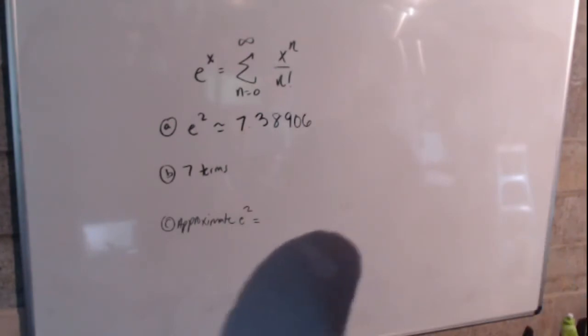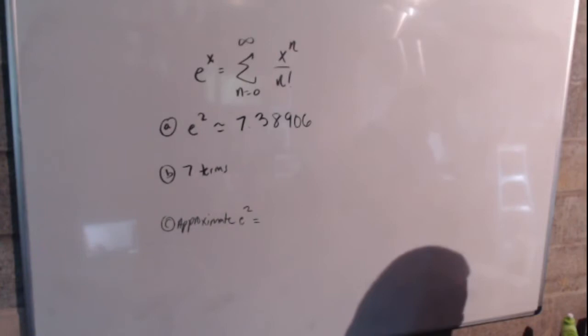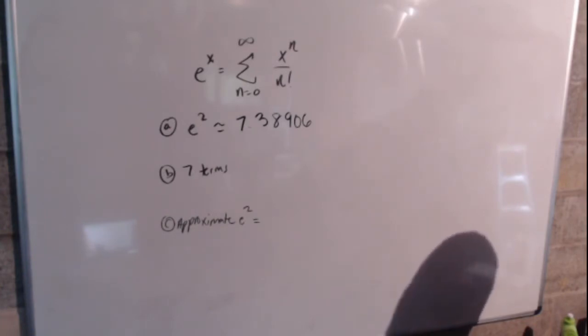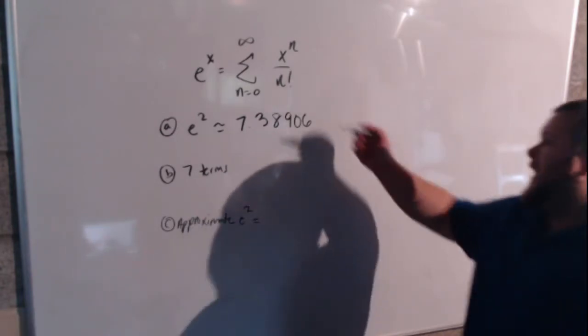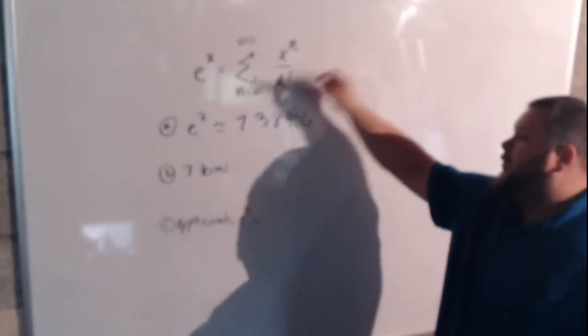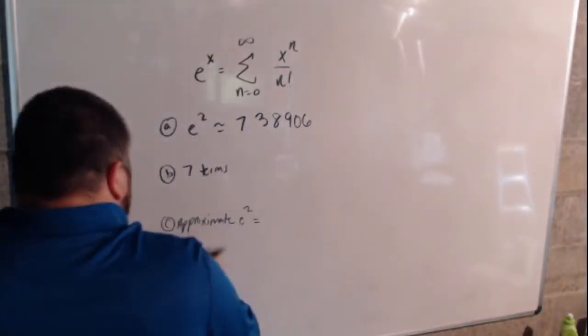The next part says, go ahead and take that summation and write out the first 7 terms. Well, to write out the first 7 terms, all we have to do is start plugging in n equals 0, then n equals 1, 2, and 3, and so on.